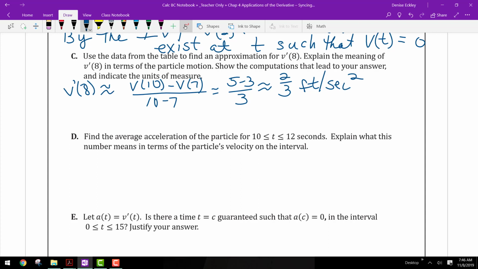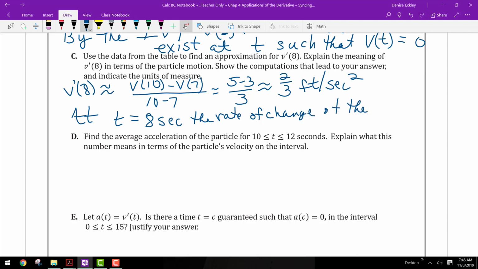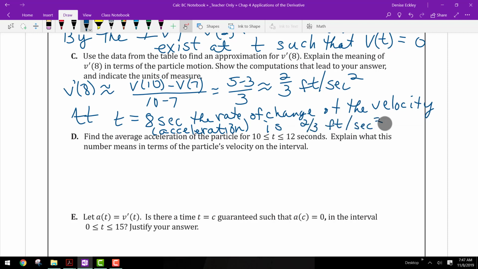So we're going to say at t equals 8 seconds, the rate of change of the velocity, or if you want to say the acceleration, you could say that too, is 2/3 feet per second squared.